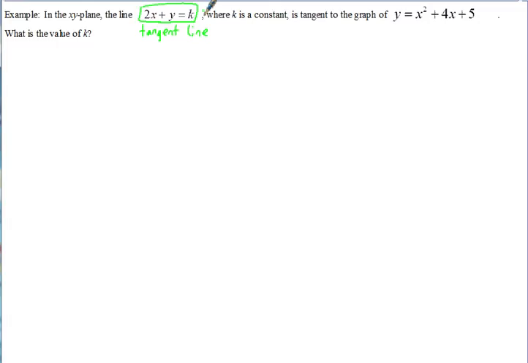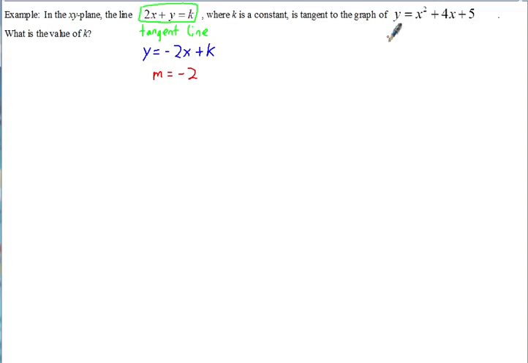Since we know that's a tangent line, we can find the slope of it probably by putting it in slope-intercept form by subtracting the 2x. So we know the slope, we can see, is negative 2. If the slope of the tangent line is negative 2, that would mean the derivative of this has to equal negative 2.